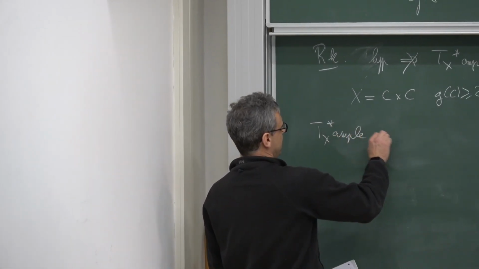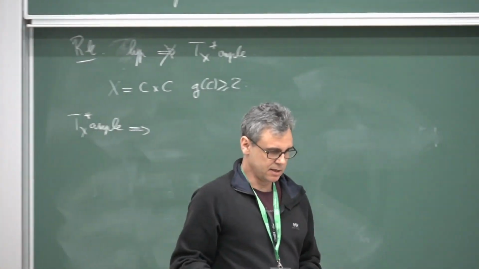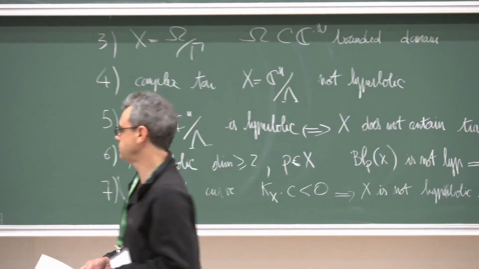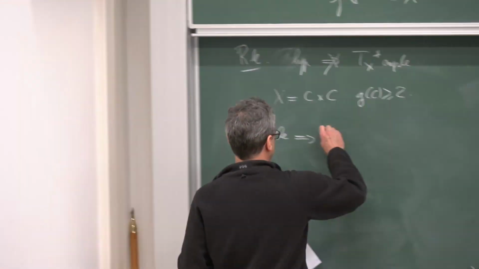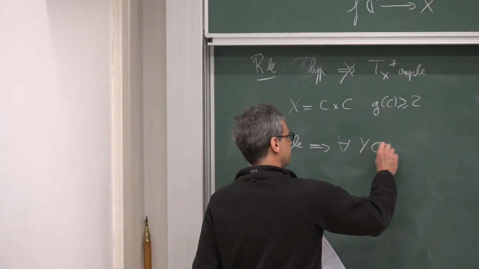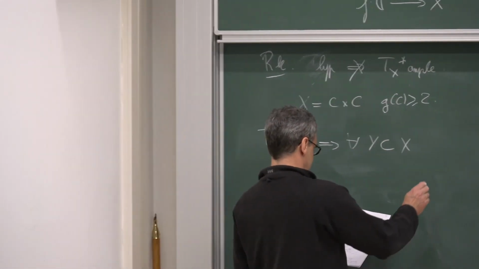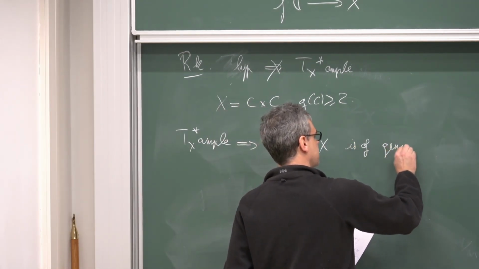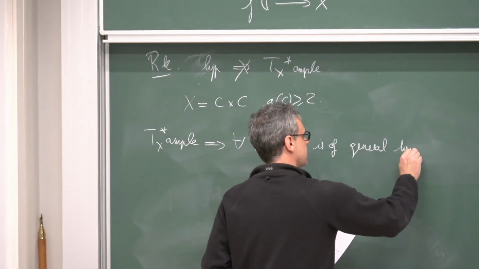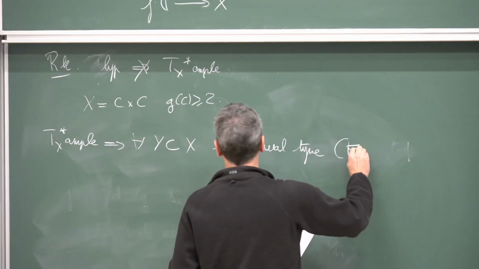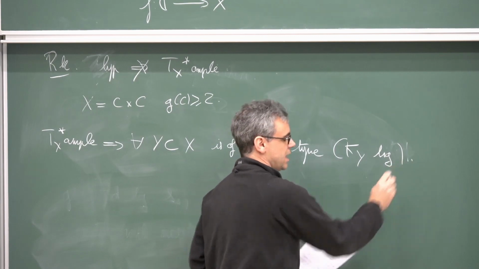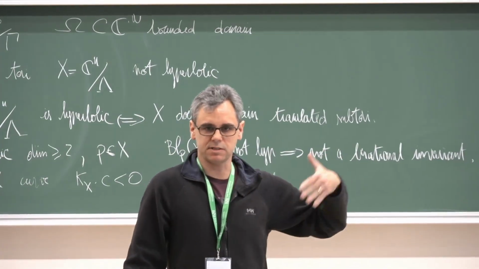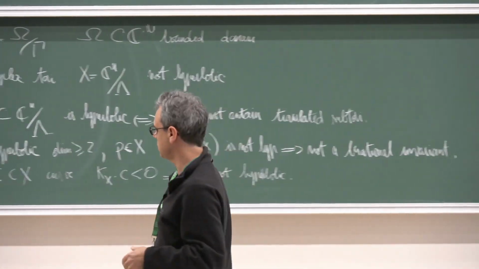If you have a variety with ample cotangent bundle, then any algebraic subvariety is of general type. So this means K_Y is big. So the asymptotic growth of global sections of twists of the canonical bundle is maximal. There are many, many sections.